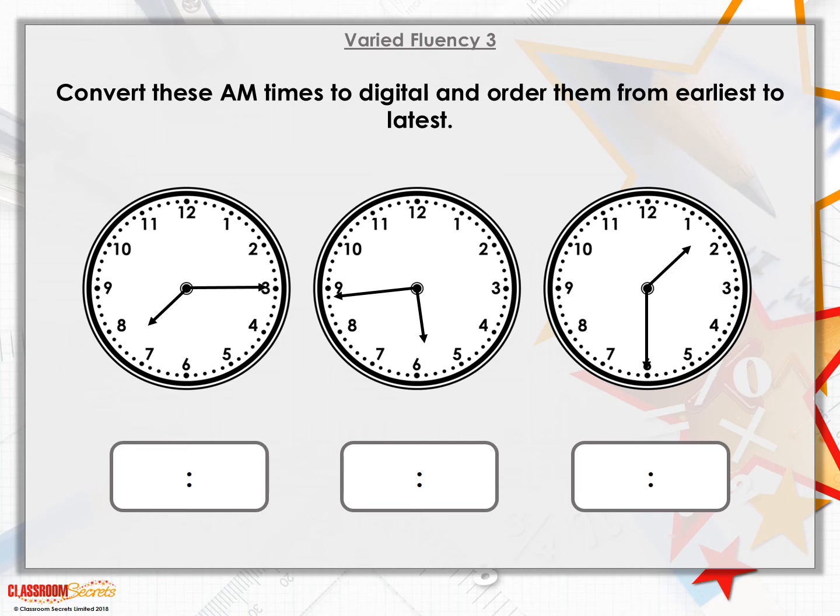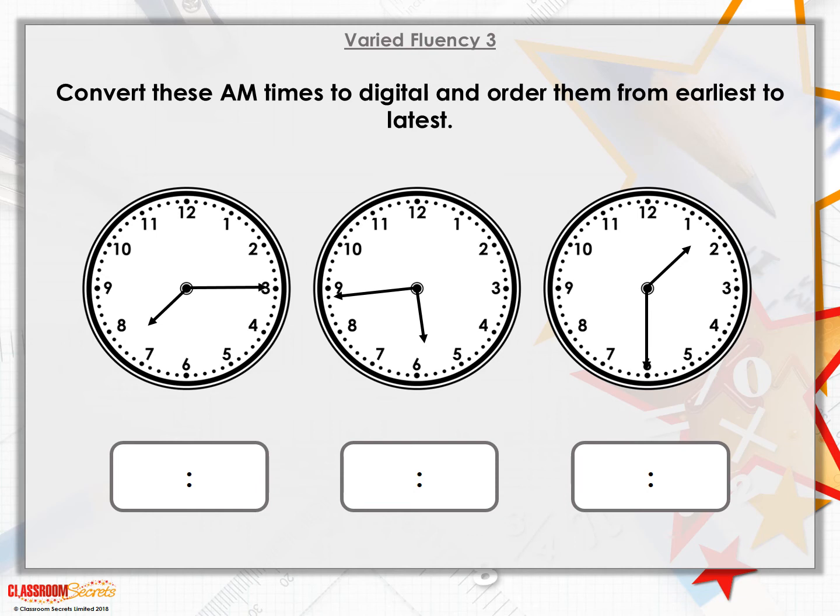Now, you'll notice at the top it says convert these AM times. One of the cool things about analog clocks is, because there are only 12 numbers on there, and we already know as wonderful year 4 students there are 24 hours in a day, that for the hours up until dinner time, till 12 o'clock in the afternoon, we would put AM after the number.